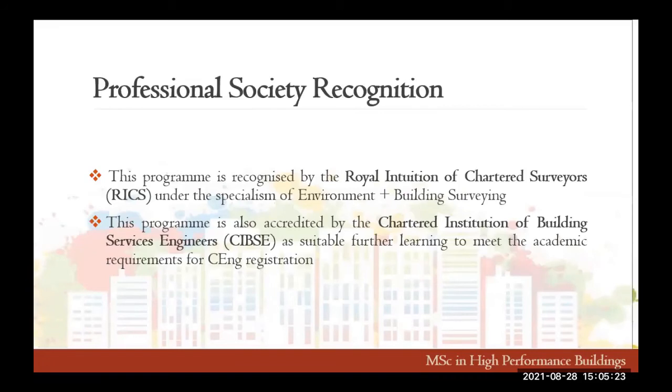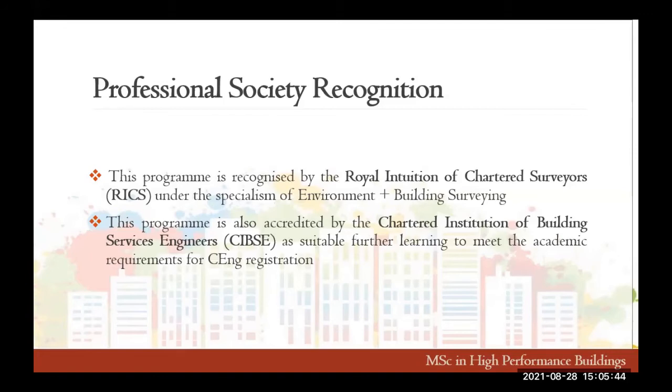So also for this course, right now it is recognized by the RICS, Royal Institution of Chartered Surveyors, under the Environment and Building Surveying. But now it's changing because we're going for the reaccreditation, right? They also restructured their disciplines, so we'll go for something else.